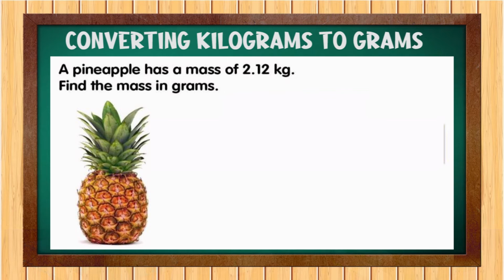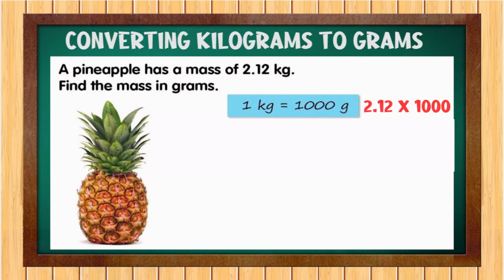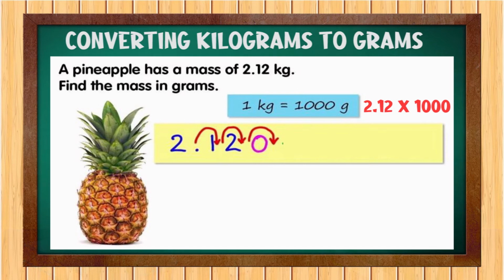Example 3. A pineapple has a mass of 2.12 kilograms. How do we find the mass in grams? Same concept. We know that 1 kilogram is equivalent to 1,000 grams. Therefore, we must multiply 2.12 times 1,000. When we're multiplying a decimal by 1,000, we move the point 3 places to the right.